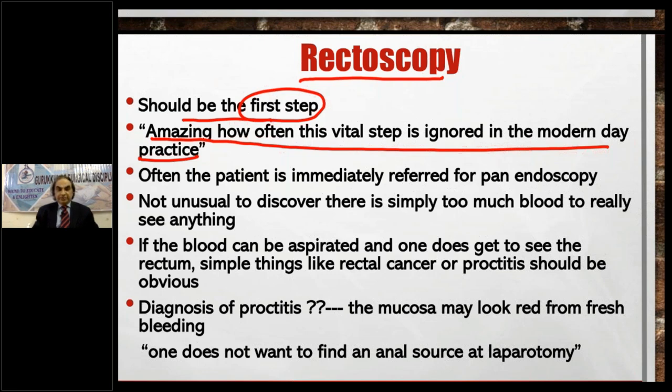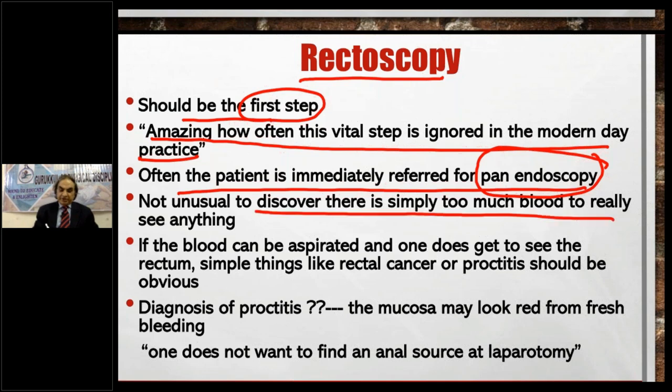And often the patient is immediately referred for pan endoscopy. Do everything. You do upper GI, you do lower GI, you send another person inside, everybody goes in, finds this bleeding, and you have to come out and tell where it is coming from. That requires discovering how much blood. It is possible you've done an endoscopy and you see nothing.